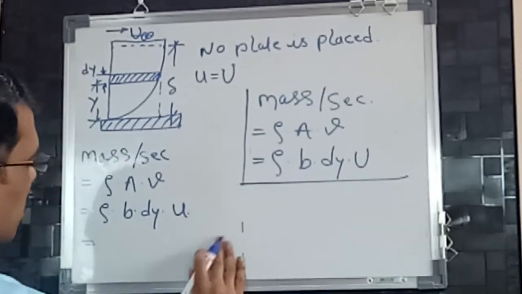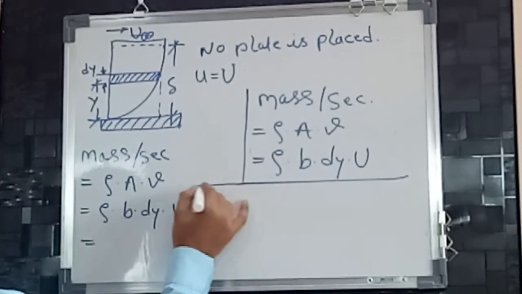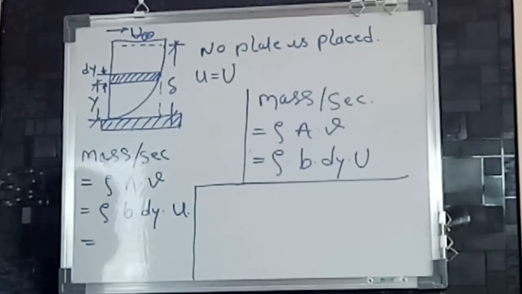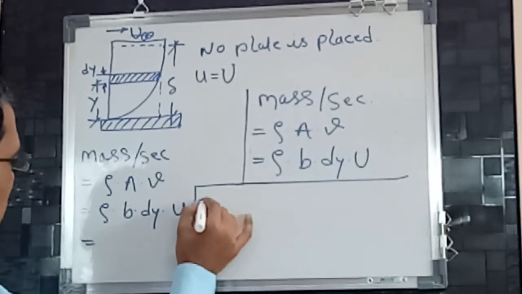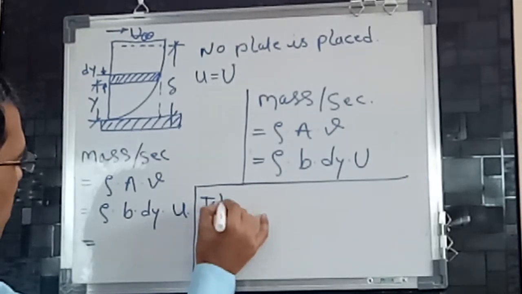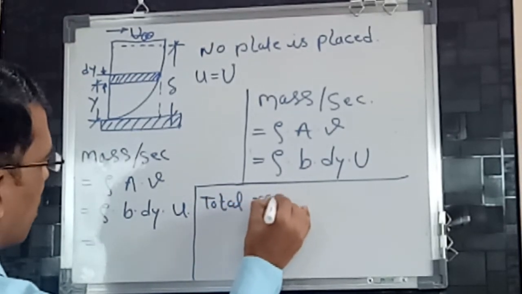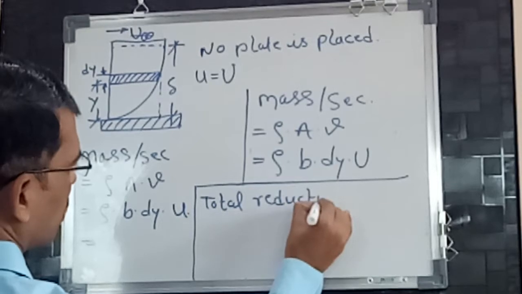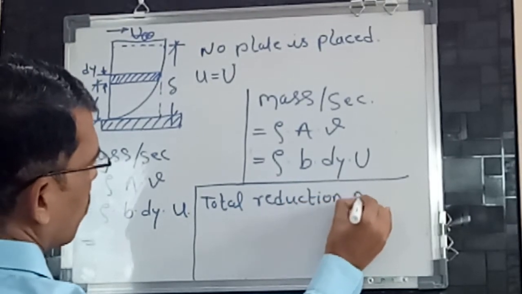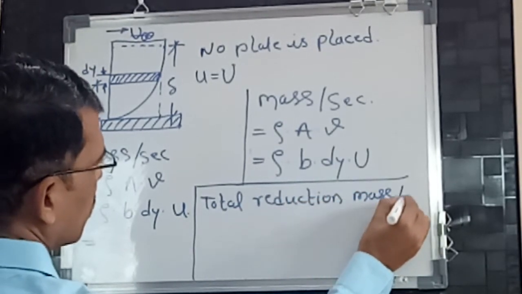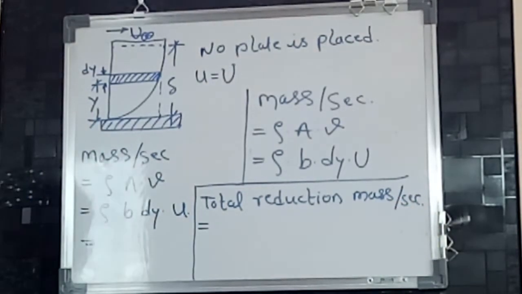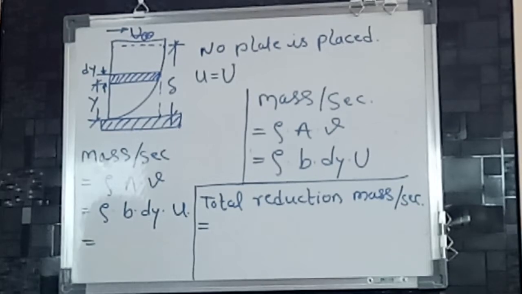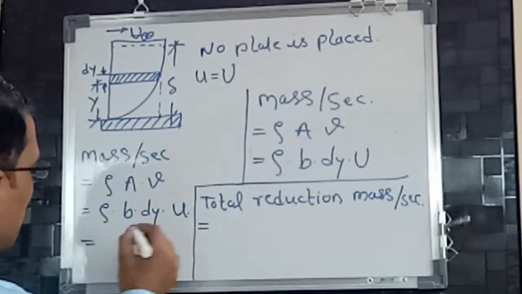Total reduction of mass per second is this minus this.